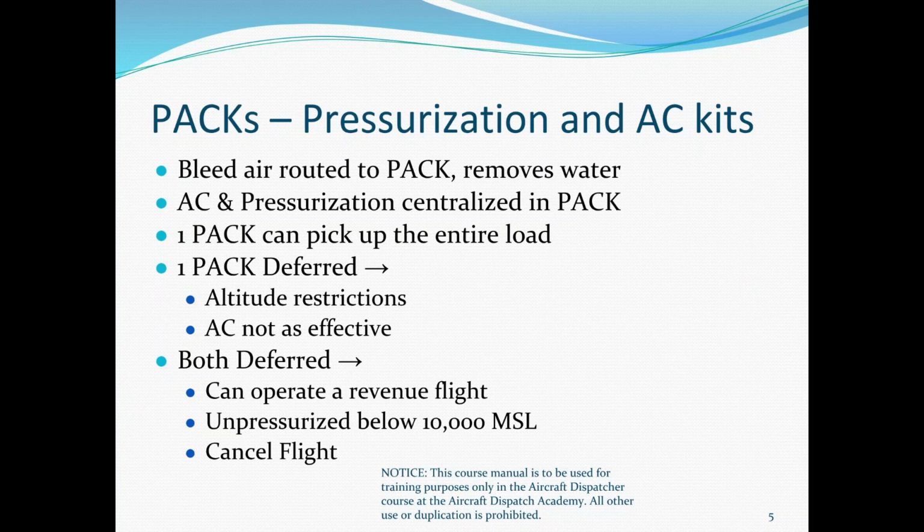Remember, the packs are providing our air conditioning and the pressurization. So one pack can pick up the entire load, with altitude restrictions, and the air conditioning isn't as effective.